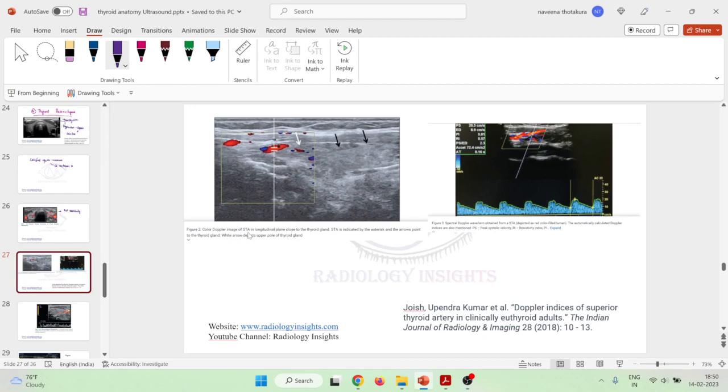First we will see the superior thyroid artery. This is the picture showing the thyroid gland, and this whole area is the thyroid gland.